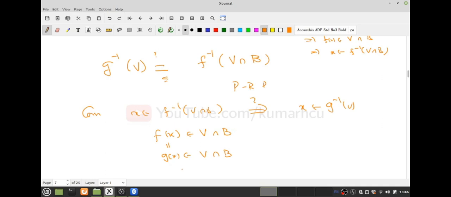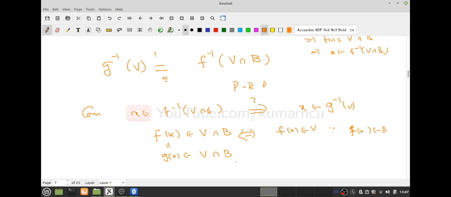But my f takes values in B, so this is the same as saying fx belongs to V. Why? That's because fx always lies in B. So that's not a condition. Do you understand? fx belongs to V intersection B means fx belongs to V as well as fx belongs to B. V and B sound similar, right? Especially if you are from Bengal.